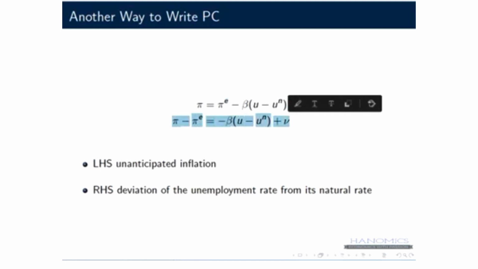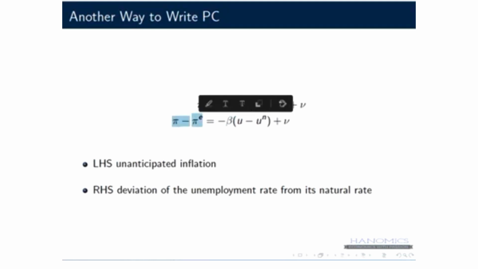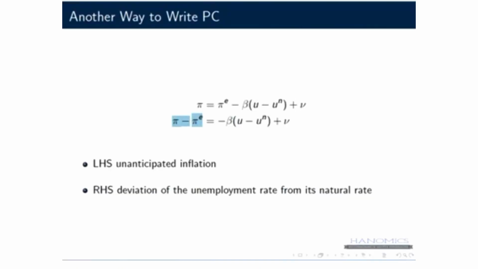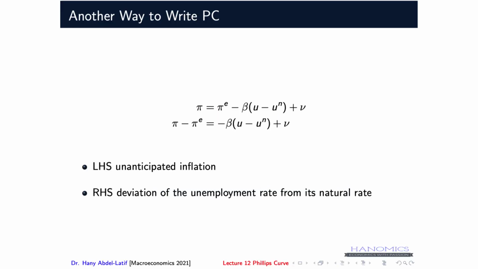What we have on the left-hand side of this expression is unanticipated inflation, the part of inflation that people didn't see coming or didn't expect. On the right-hand side we have the deviation of the unemployment rate from its natural rate, and obviously we still have our lovely term, the Greek letter nu, that represents supply shocks.